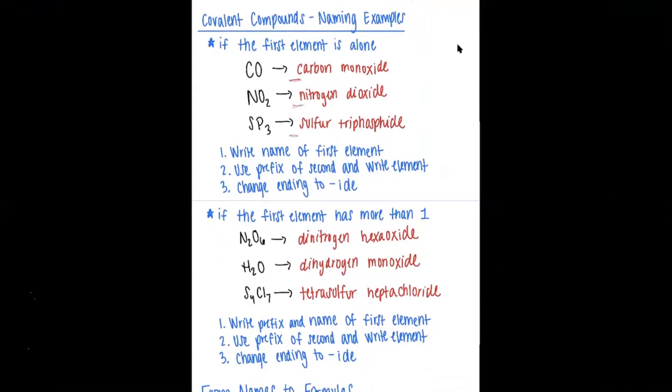In this first example here, we have CO. Carbon is by itself and oxygen is by itself. We have one carbon, one oxygen. But because carbon is first, we do not put the mono. So you put carbon monoxide. Now taking us back to our notes because we're going to finish it off before I release you to do your assignment.